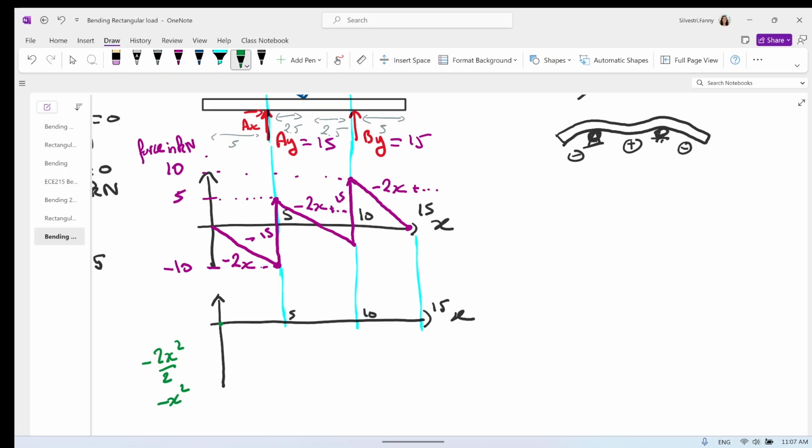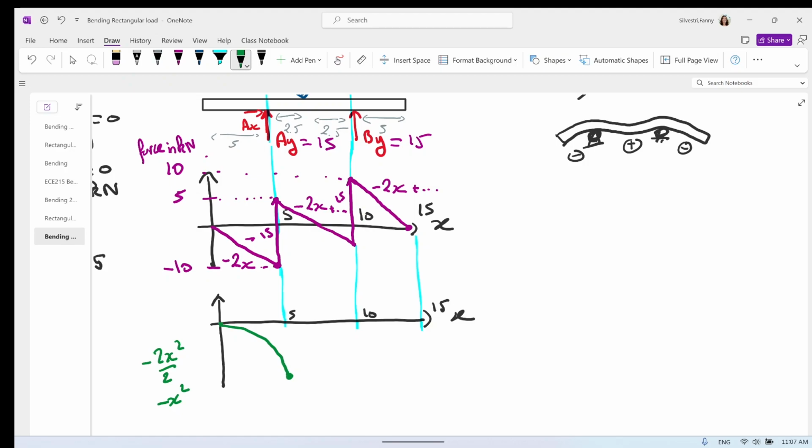So it will look something like this. It's decreasing and it's second degree order. All of them will start with -x squared.